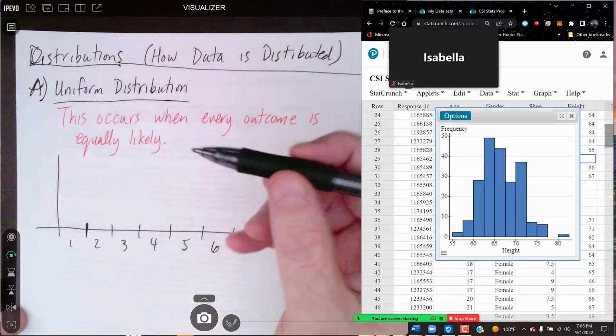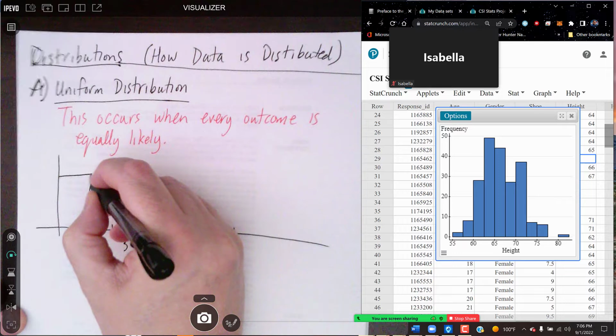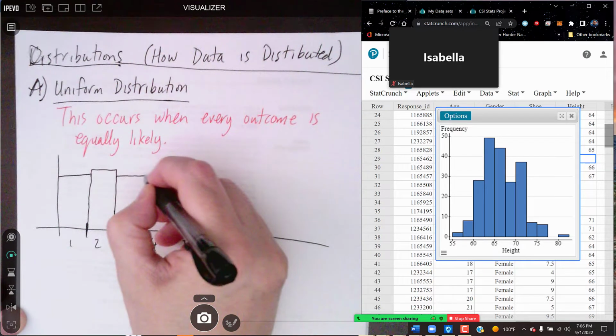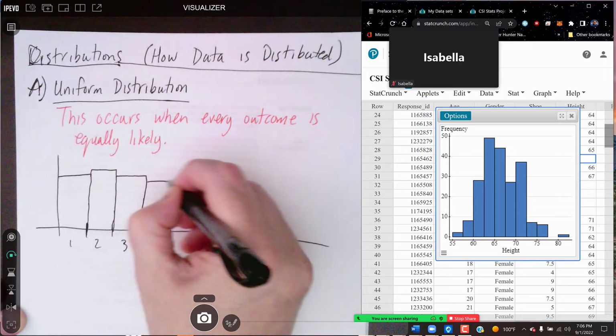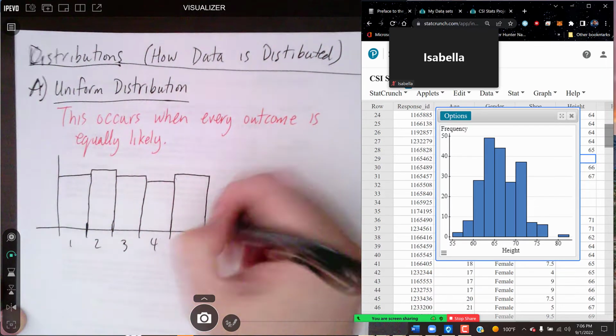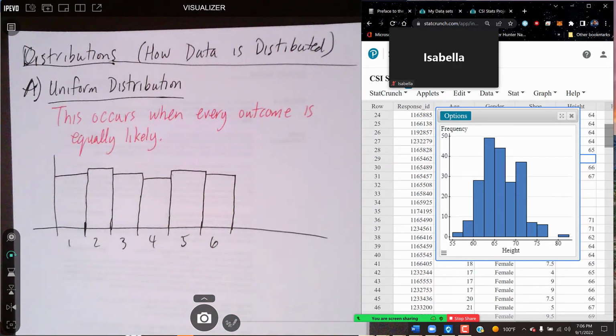And let's say I did 1,000 rolls. My histogram might look something like this. It's not perfectly flat.